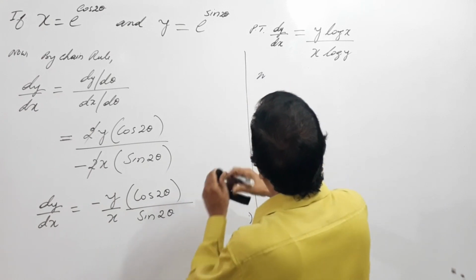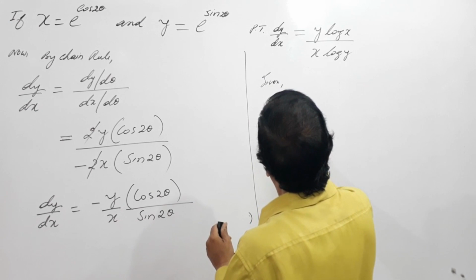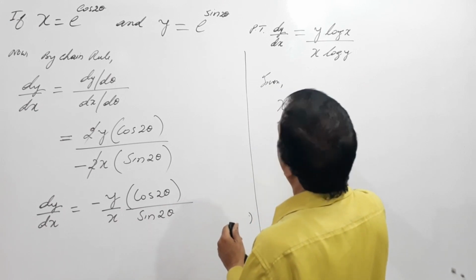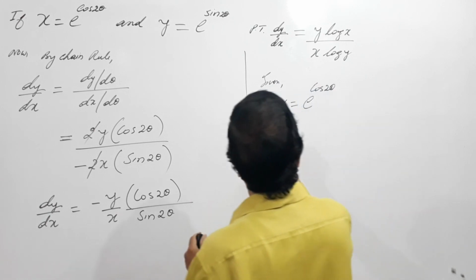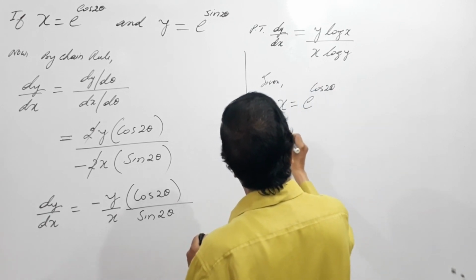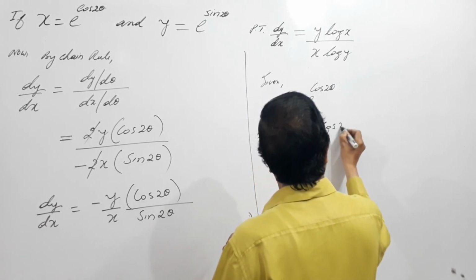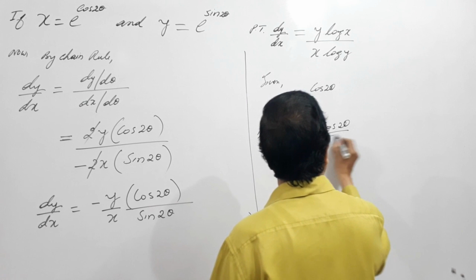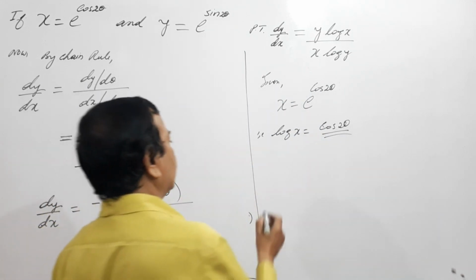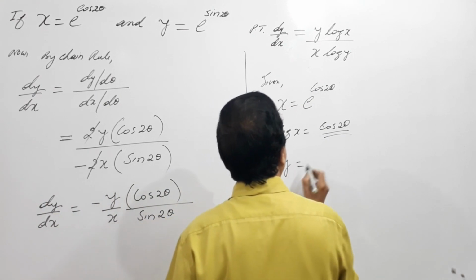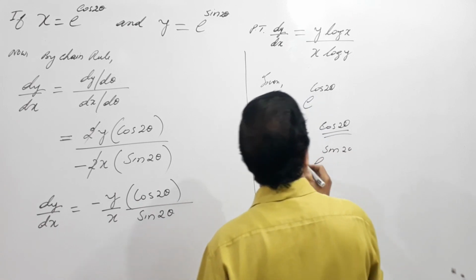We know that given x equals e to the power of cos 2 theta, log x equals cos 2 theta. So cos 2 theta is nothing but log x. Also y equals e to the power of sin 2 theta.